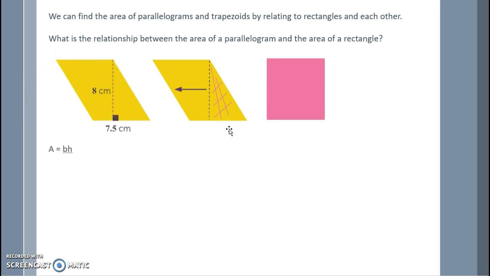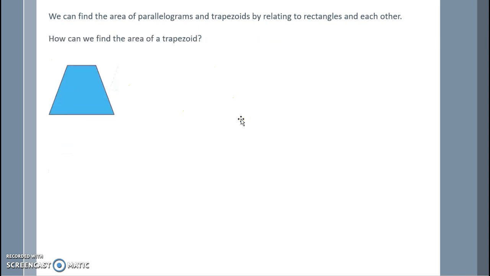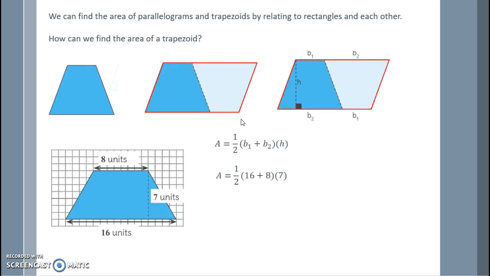I'm going to slide that piece over to the right-hand side, which will then create a rectangle. So the area of a parallelogram is base times height, just as a rectangle would be. If our base is 7.5 and our height is 8, we have 60 square centimeters. How about a trapezoid?